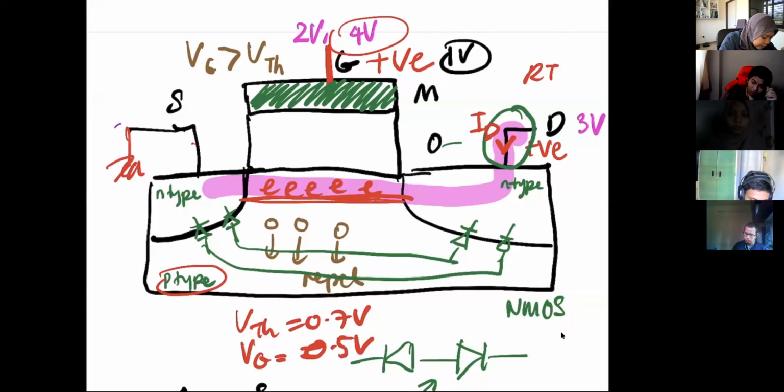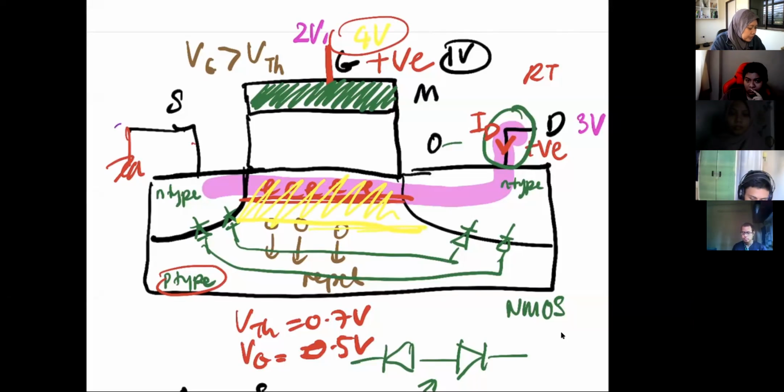So if I draw, this is 2 volt, and 4 volt I make in yellow. So the 4 volt will be here, right? The thickness of the inversion channel will be the yellow line over here. It just becomes thicker and thicker. So in terms of the current, yes, the current will increase.